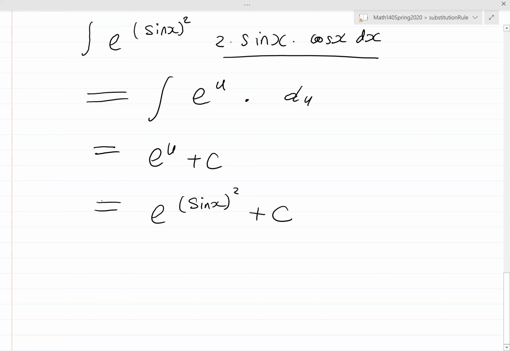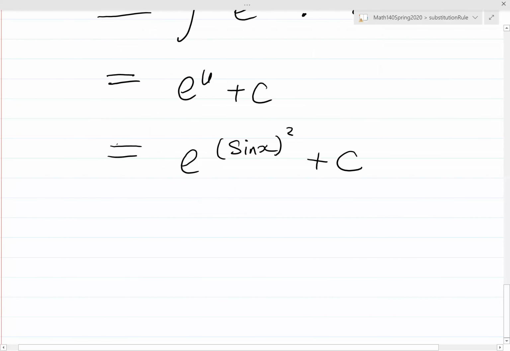Now, what happens if we use the substitution rule for definite integrals? The substitution rule for definite integrals is slightly different.